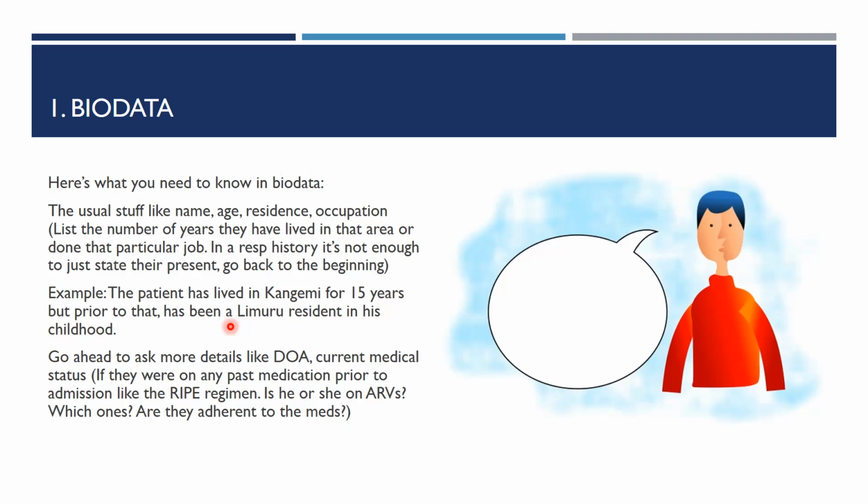Now, I'm sure you guys have done pharmacology, it's still fresh in your mind. So when you ask them what the RIPE regimen is, can someone tell me what the RIPE regimen is? You can mention it in the chat, or you can just unmute and say. It's rifampicin, isoniazid, pyrazinamide, and ethambutol. Lovely.